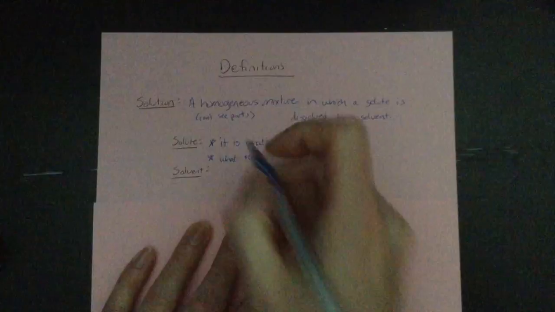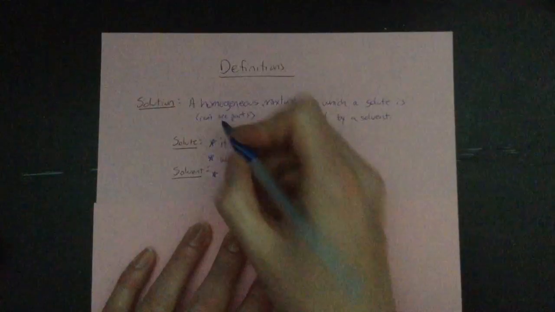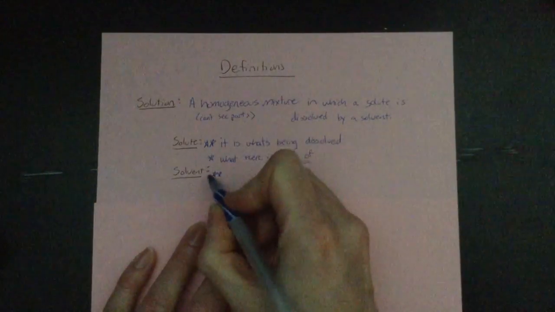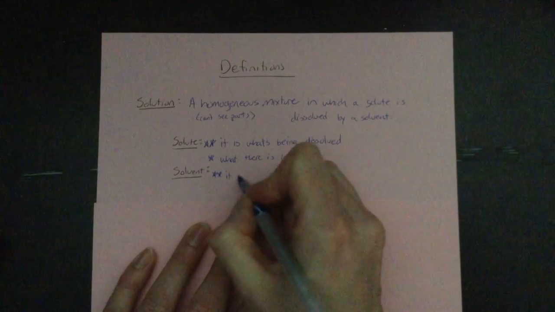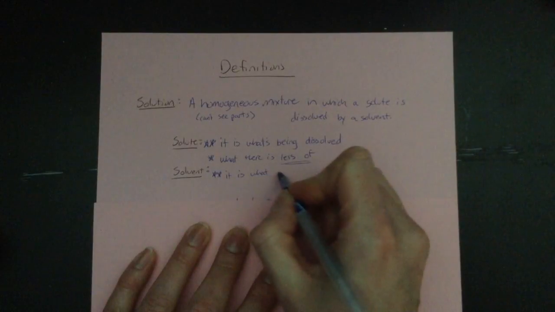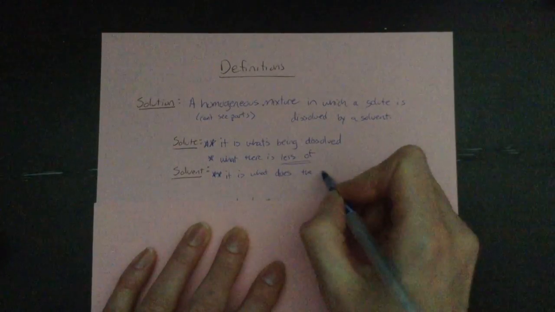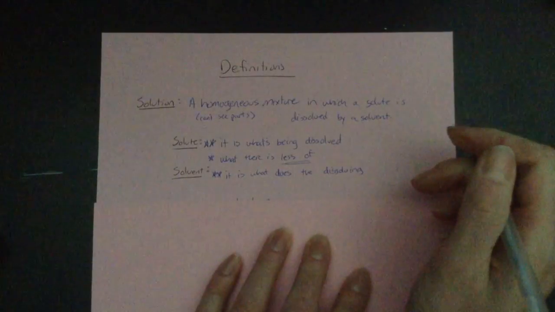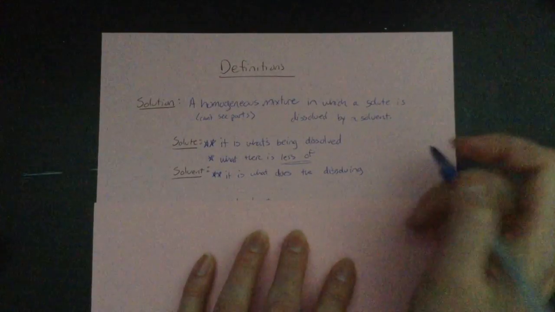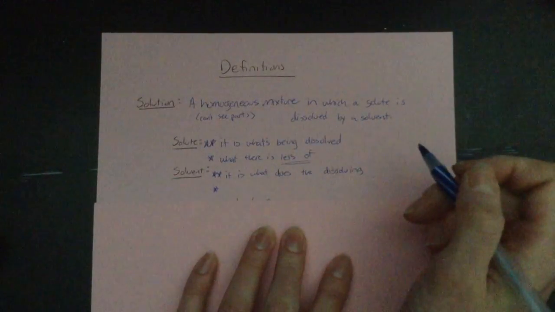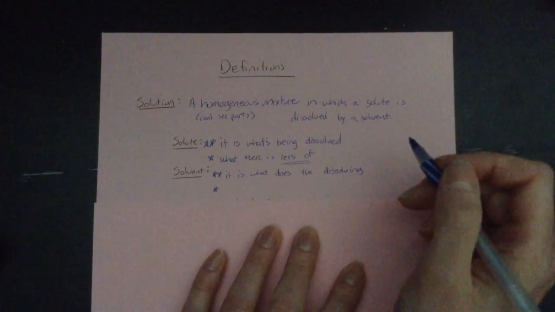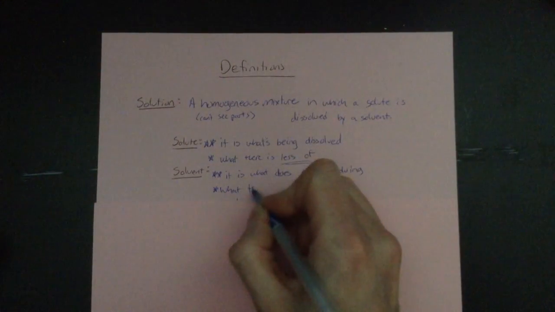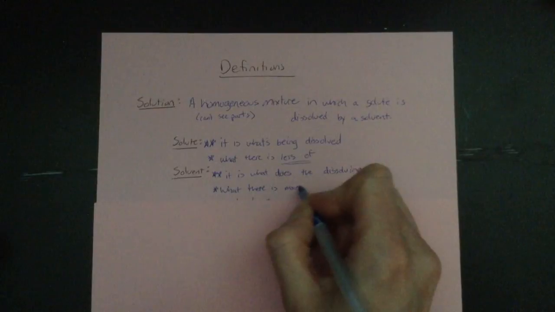Now the solvent, again, here we'll do this, there's the 2 stars. If the solute is what's being dissolved, the solvent is what does the dissolving. So when you put salt in water, it is dissolved by water. So water is the solvent. Okay. Now sometimes, again, if you can't tell what was dissolved and what was doing the dissolving, then the other way to think about it is it's what there is more of.